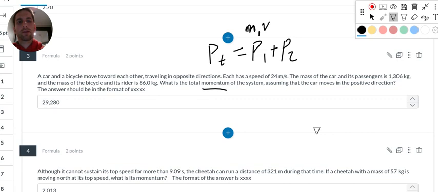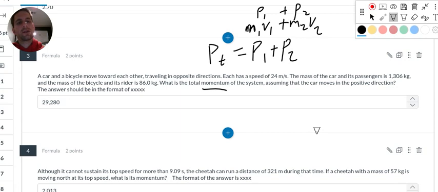So this is M1 V1 plus M2 V2, or P1 plus P2. Each has a speed of 24, but they're going in opposite directions. And their speeds are going to be velocity in this case, because the direction is going to matter.